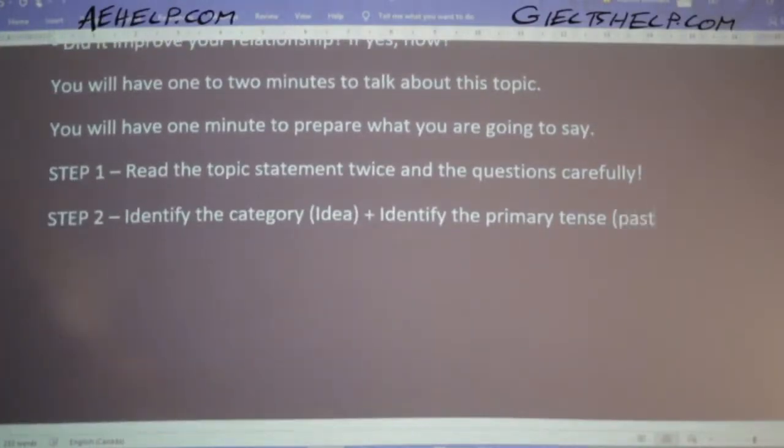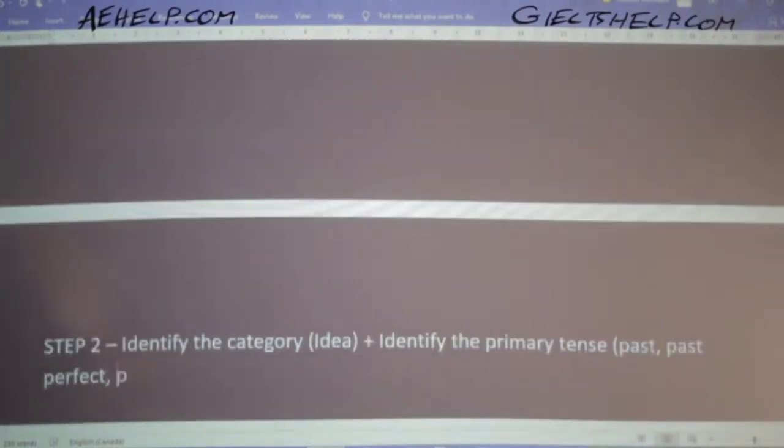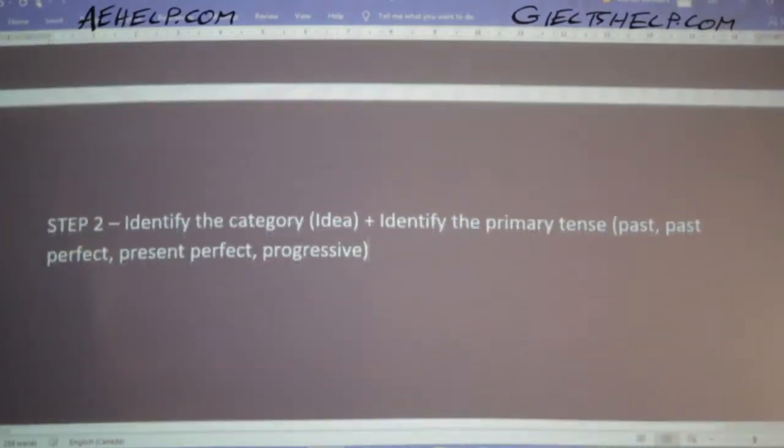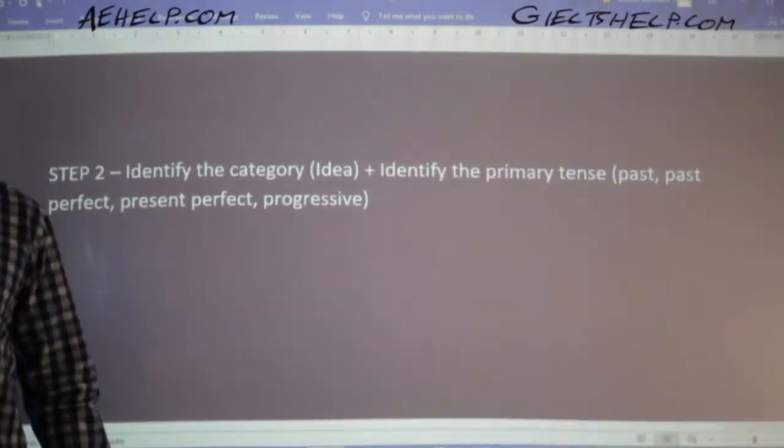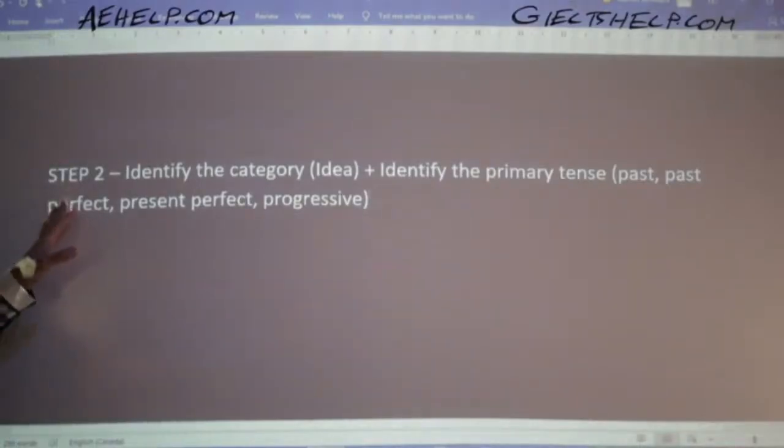Okay, so past, past perfect, present perfect, and the progressive tense. So these are kind of your primary tenses that you should be using in this response.